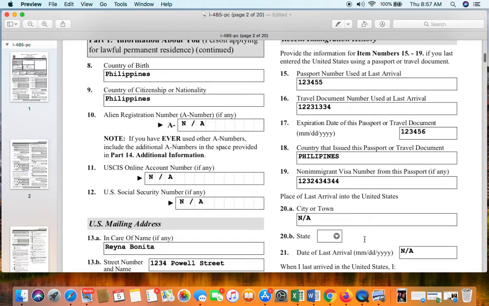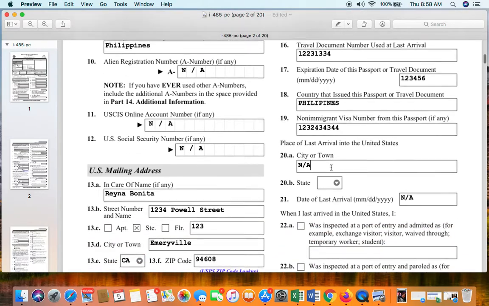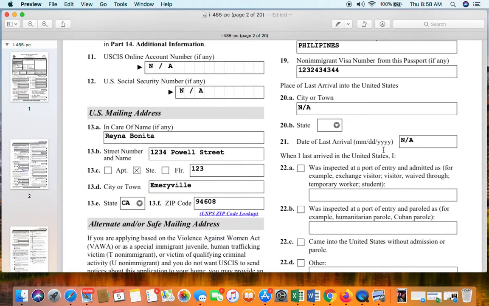And the place of last arrival in the United States. For example, if you arrived in San Francisco, you can put SFO or San Francisco. Since my daughter is not here yet, and I'm filing her I-485, I'm just going to put NA because it's not applicable to me. The date of last arrival of your K2, you have to fill out right here.